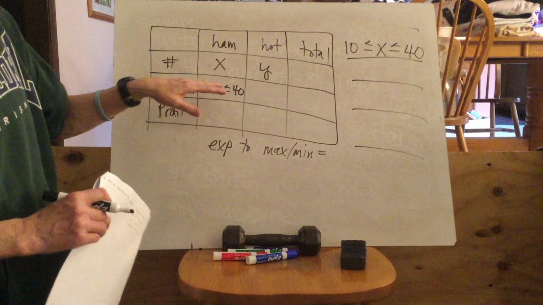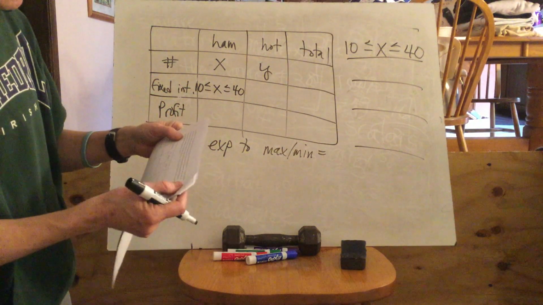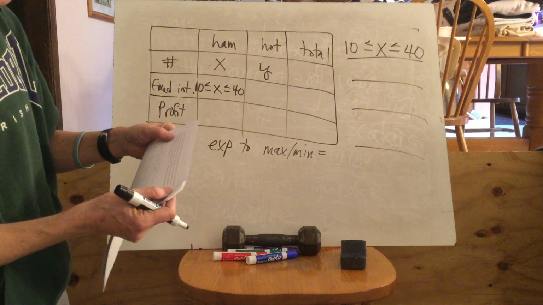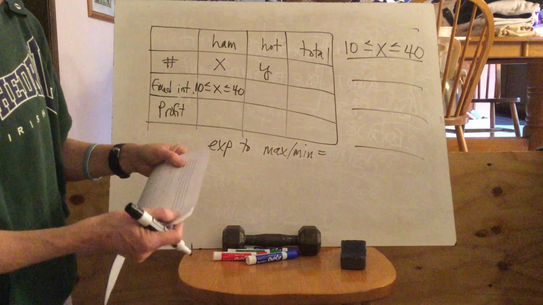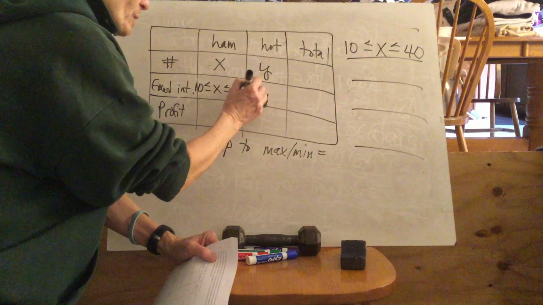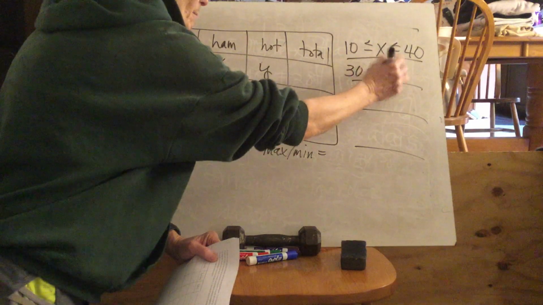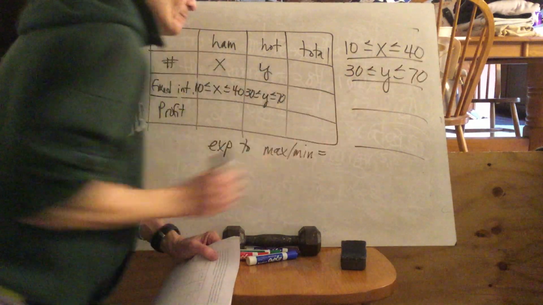Now, you also have to sell at least 30 hot dogs, but not more than 70. So the hot dogs have to be between 30 and 70. I am not making these numbers up. They are right there in the problem.